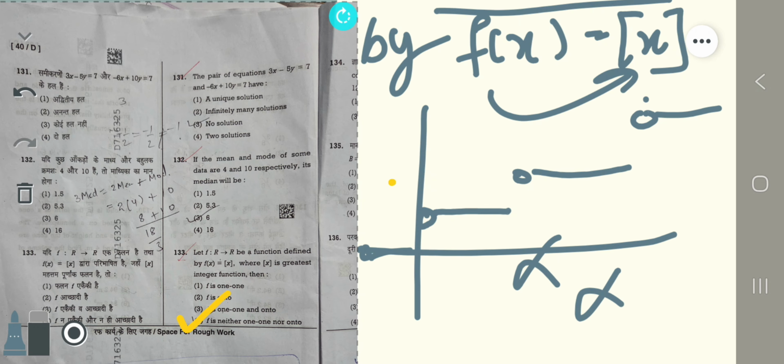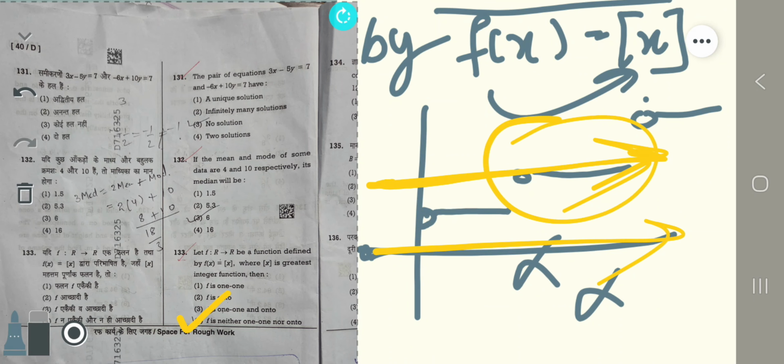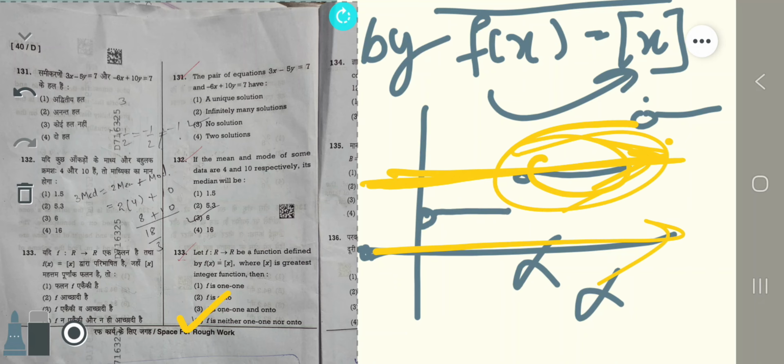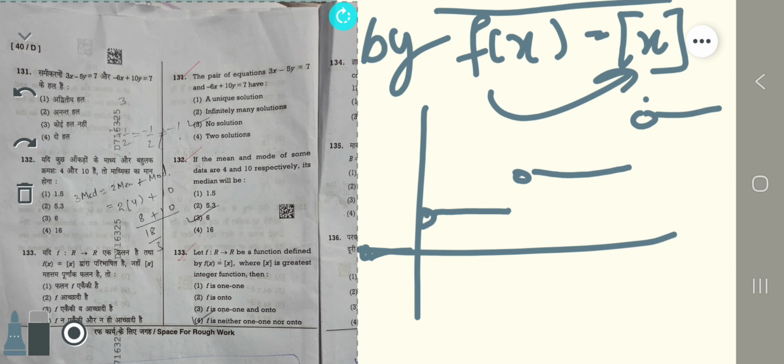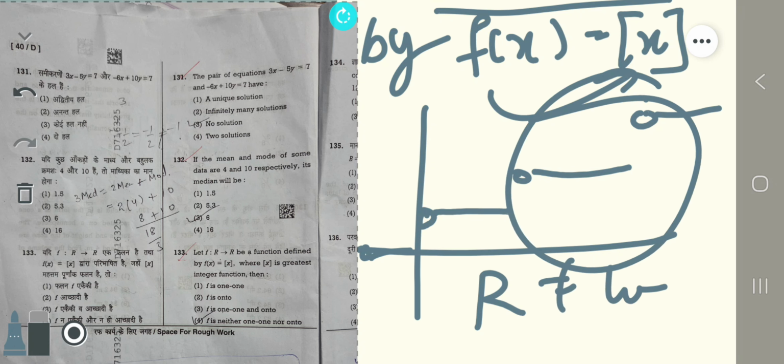We take a horizontal line along the x axis, and this line should cut the graph at only one point. But if I draw this line parallel, it coincides with the whole step, so this is not one-one. For one-one, the horizontal line should cut at only one point. And for onto, the range should be equal to the codomain, but here the range is not equal to the codomain R of this function.